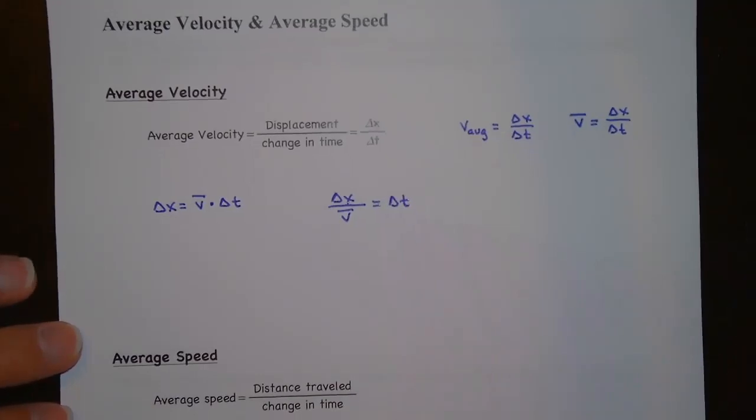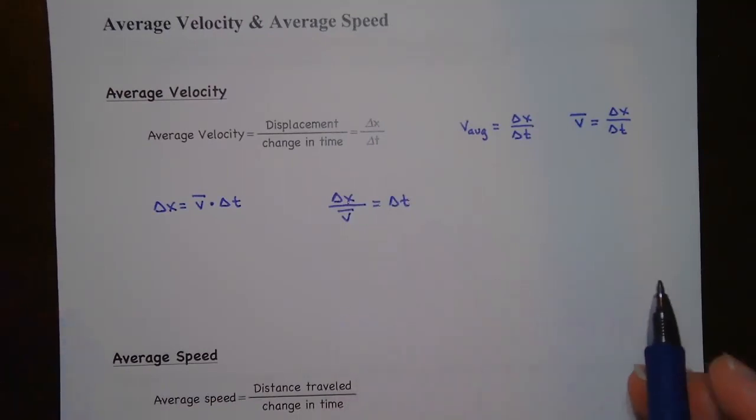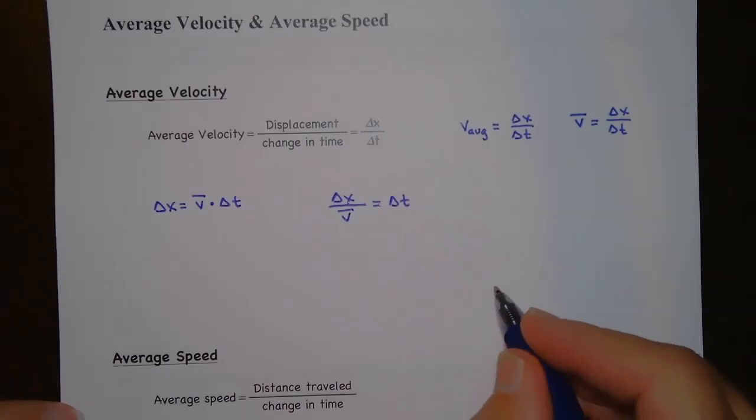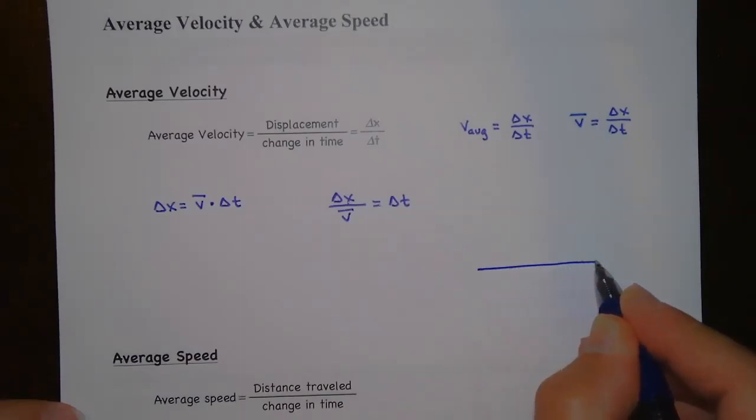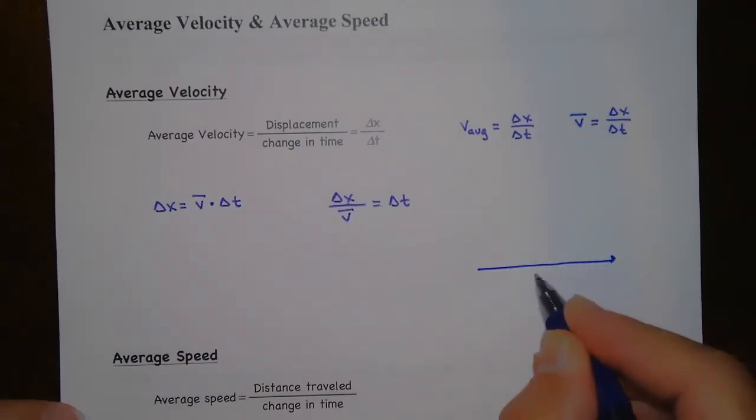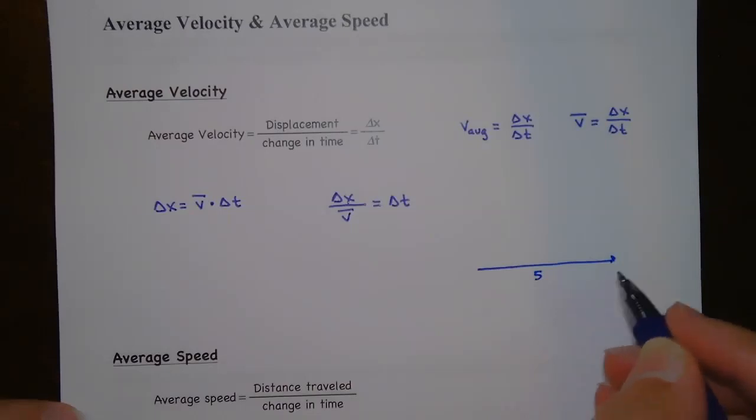All right. Now, velocity is different than speed because velocity takes into account direction, okay? So for average velocity, let's say we're going 50 miles an hour, and we go 50 miles to the, let's say, east.